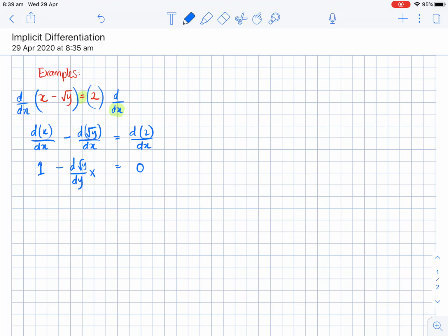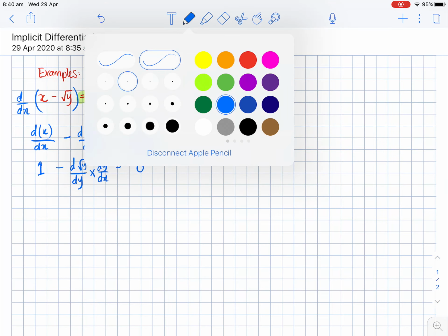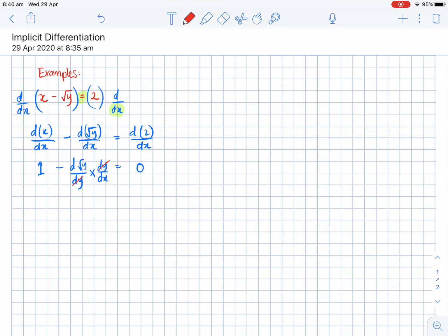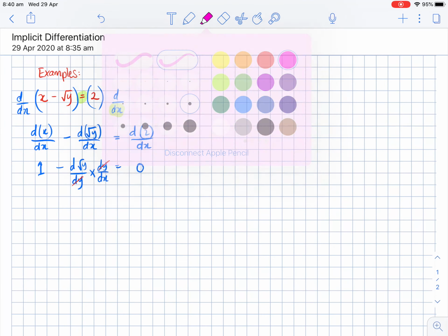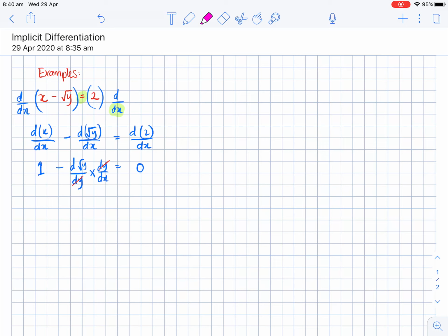So what I apply is I apply the chain rule. Now if I multiply this by dy dx, then my two dy's would cancel out, and I'm still differentiating in terms of dx. So what that means in essence is that basically whenever I differentiate a term with a y in it, simply multiply by dy dx in the expression.